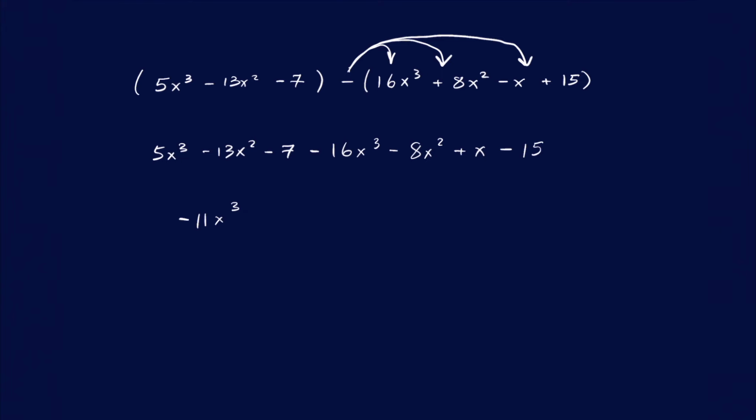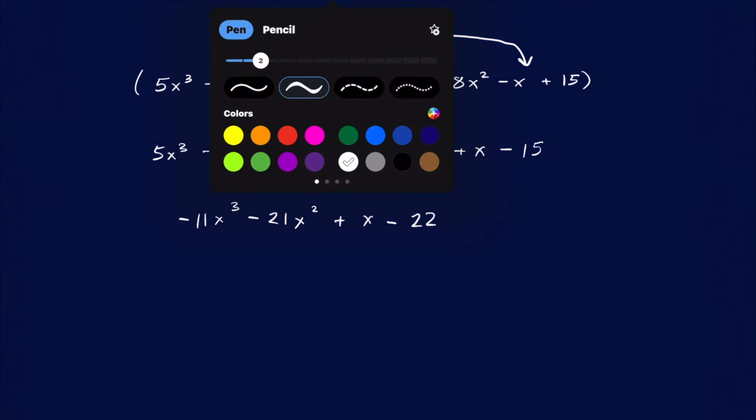So we get negative 21x squared. And then we have plus x, since we don't have any other x terms, we just have that one. And then we also have negative 7 and negative 15. So negative 7 minus 15 is going to be equal to negative 22. And that is our final answer.